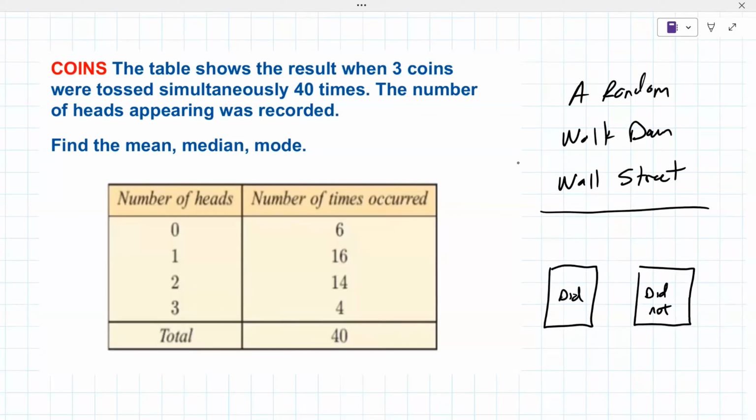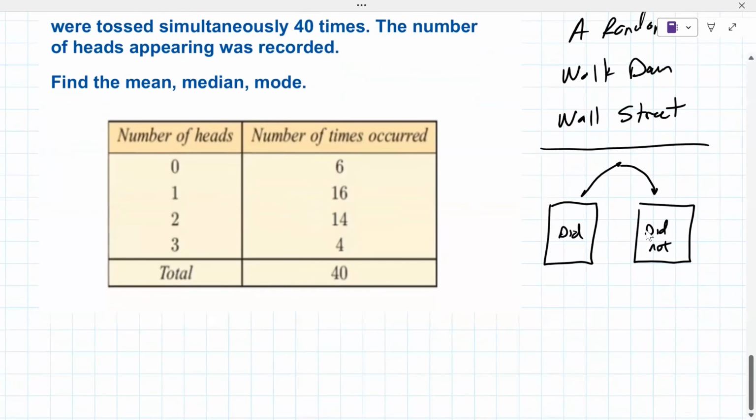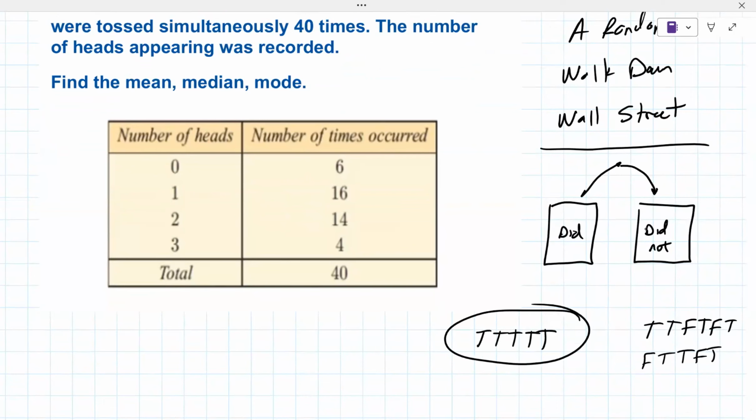And you might be wondering, well, how could you do such a thing? How could you figure that out? Well, if you were to flip a coin for real, you would actually see something like this happen. If you did not do the experiment, you would tend to alternate answers every so often. Because this is what really happens.